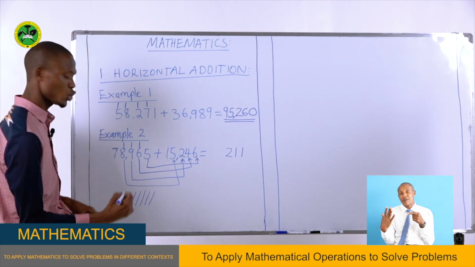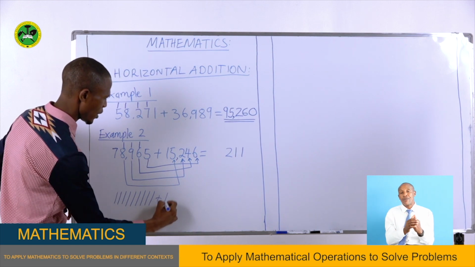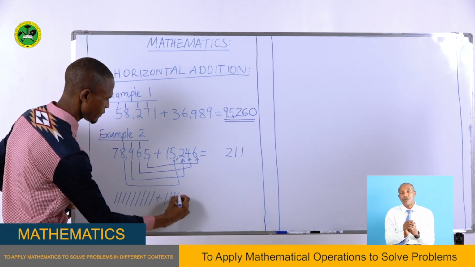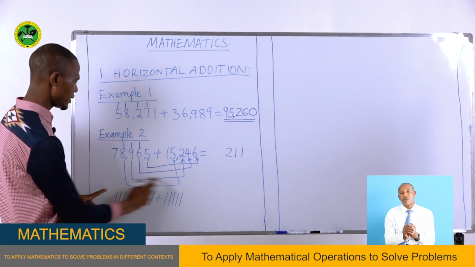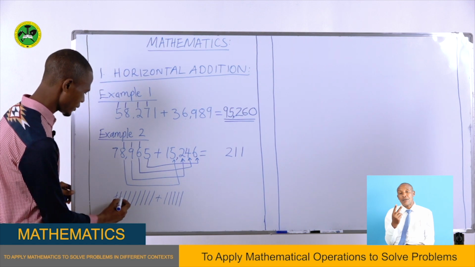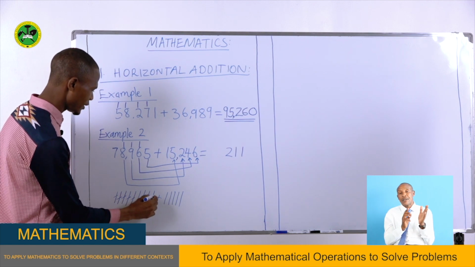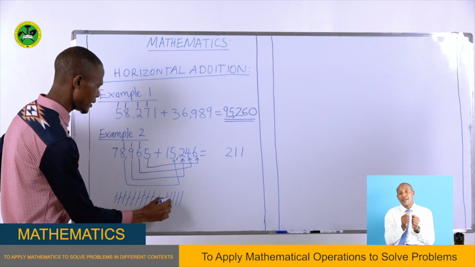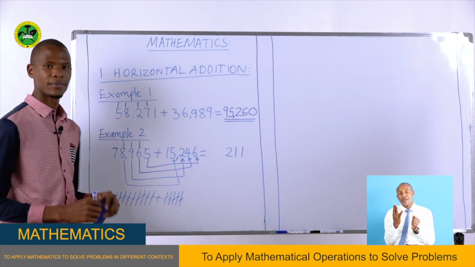5. So add more 5 tallies. 1, 2, 3, 4, 5. The sum of all tallies is, we count them, 1, 2, 3, 4, 5, 6, 7, 8, 9, 10, 11, 12, 13, 14.